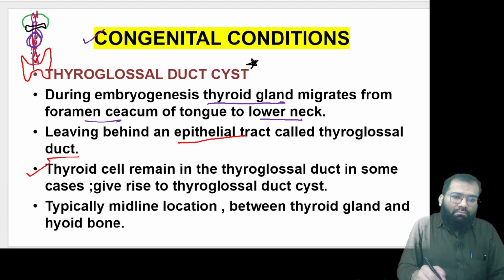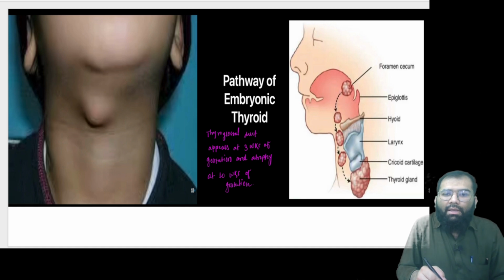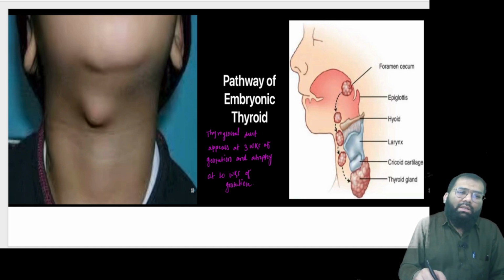Okay, now we'll see the ultrasound image of thyroglossal cyst. And before we come to ultrasound image, I'll be showing you the clinical image of when to think of thyroglossal cyst. So here in this patient, we had a midline neck swelling.